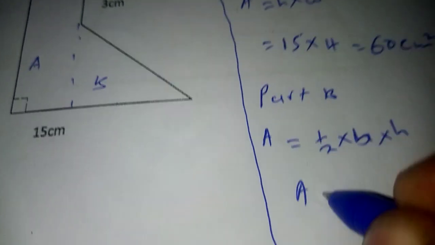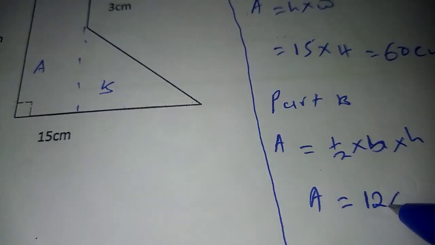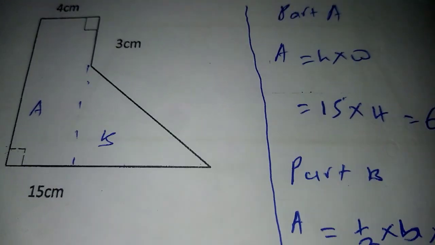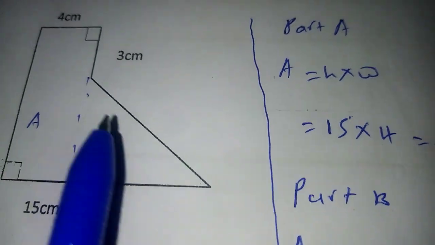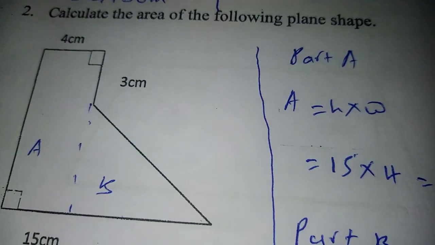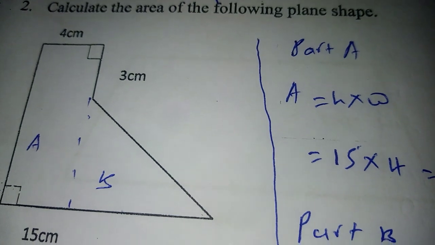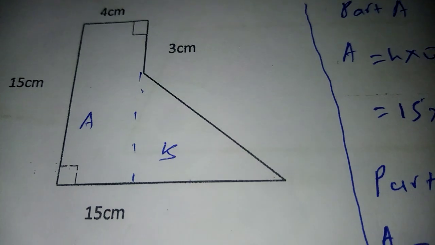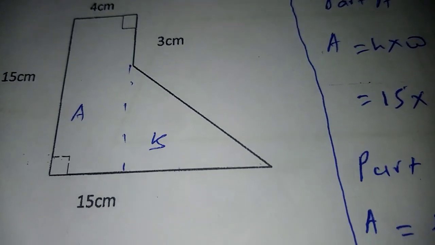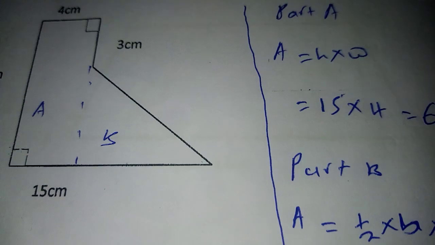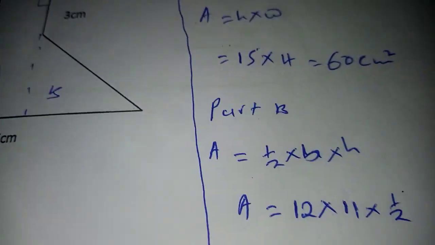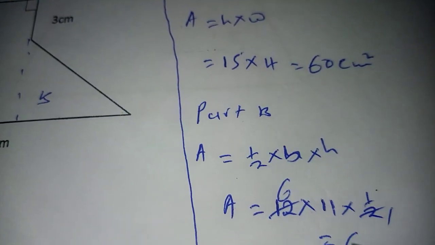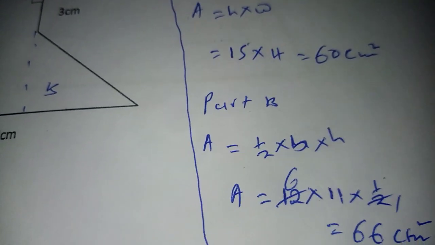So area will be equal to 12 times the base, which here is 15 minus 4, that is 11. So this one times a half. So this one is 6. So I get 66 centimeters squared.